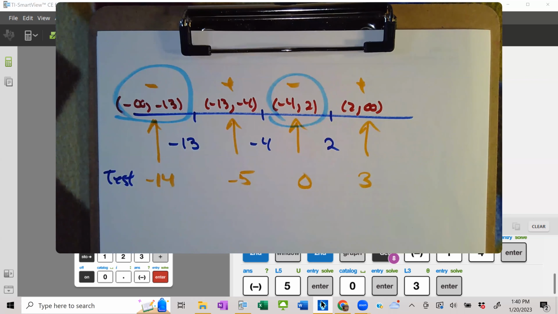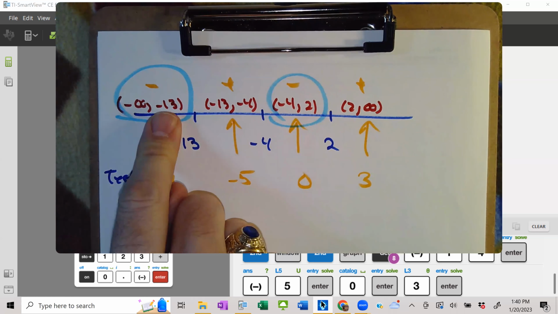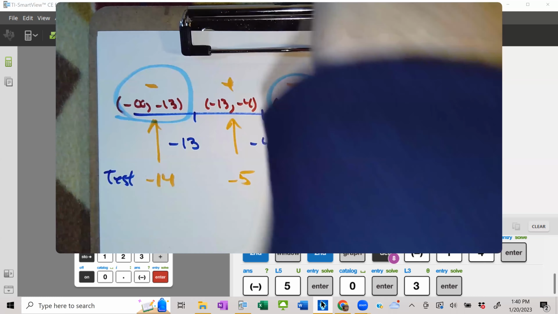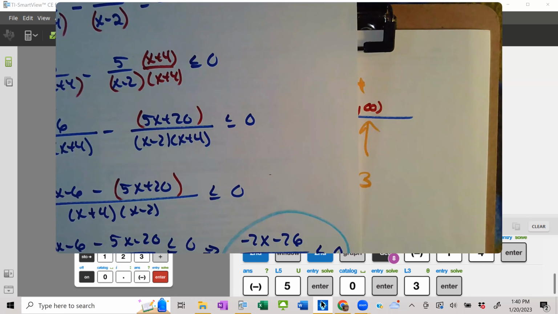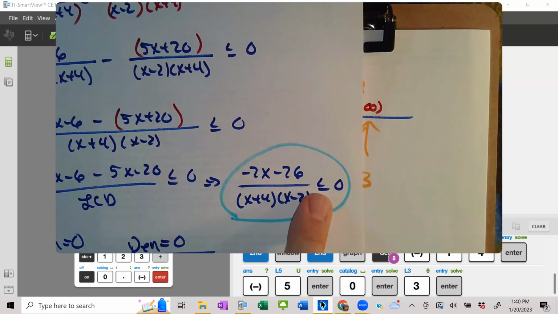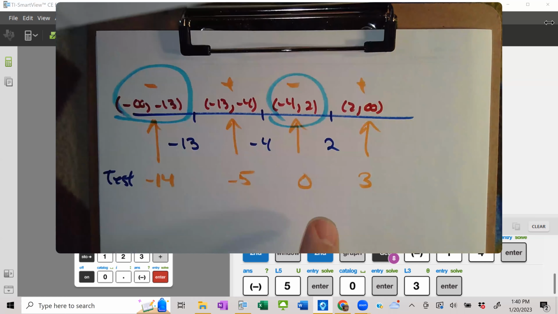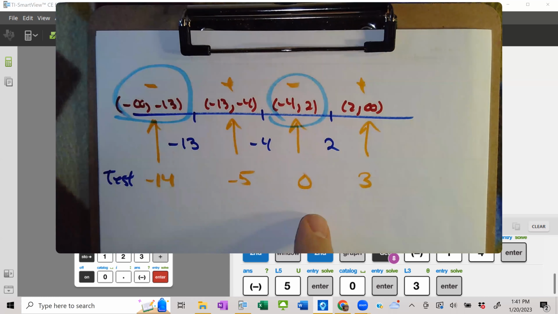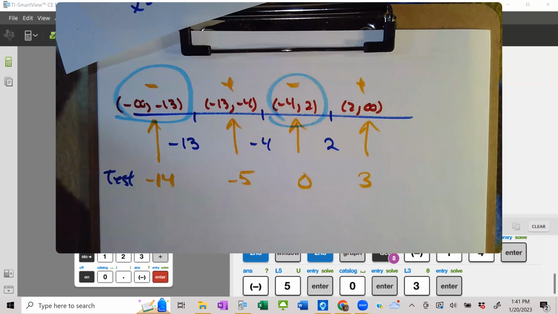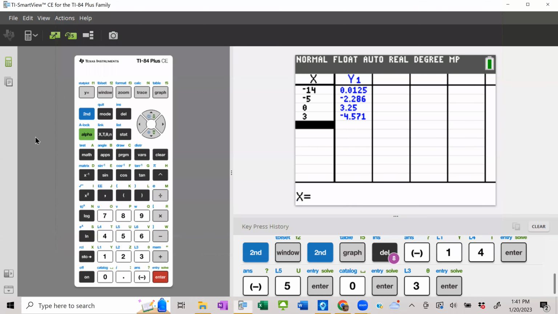You're going to have to look at what I'm giving you. The last part of this, if you remember back here, this was the less than or equal to sign. So I could use maybe one or two of the endpoints, but I've got it checked. It's okay if it's equal to 0. It's not okay if it's something else.